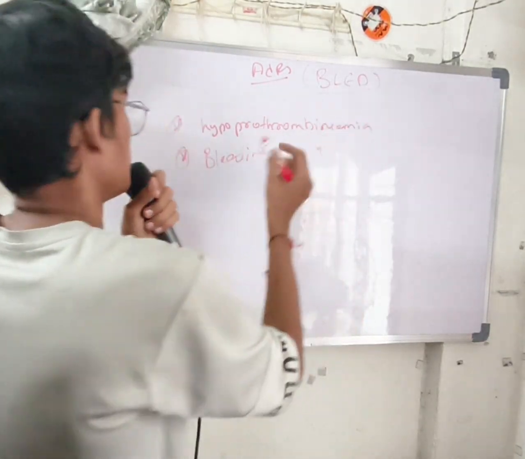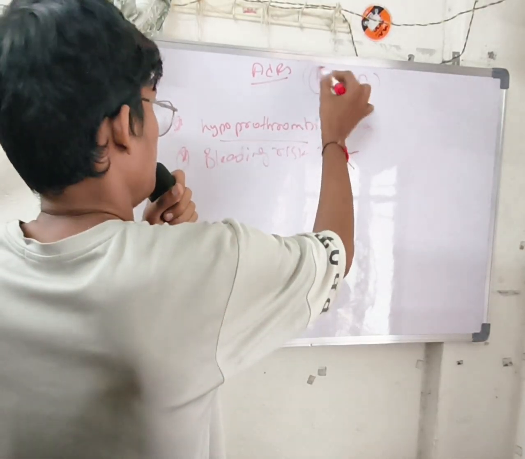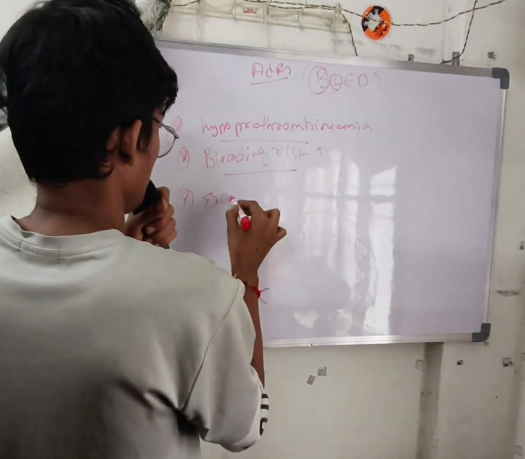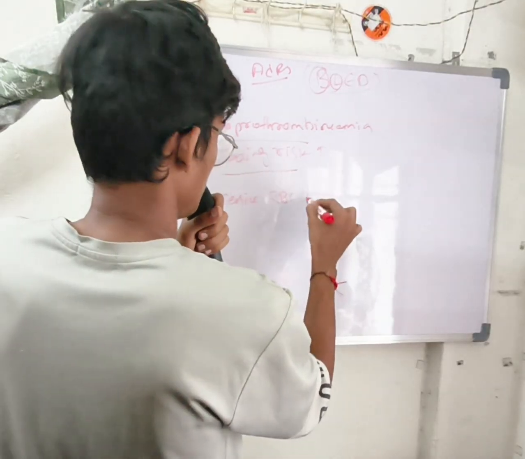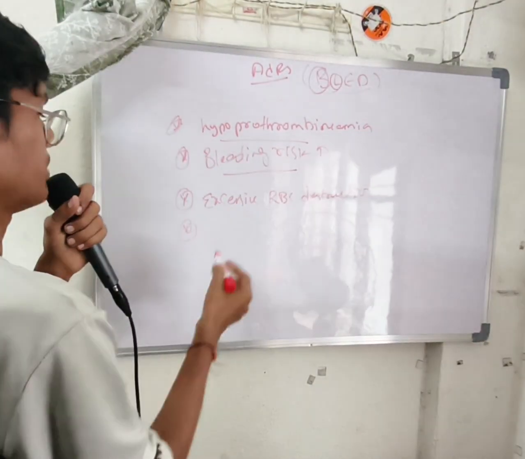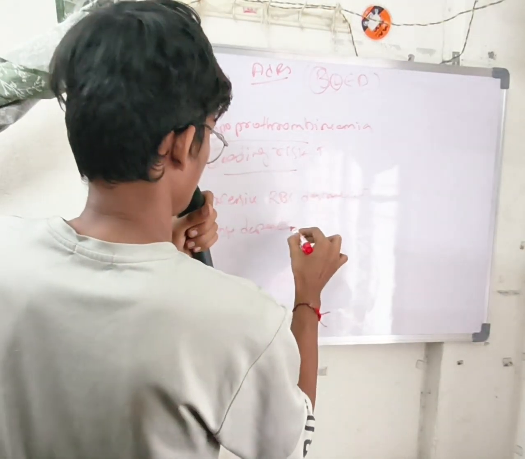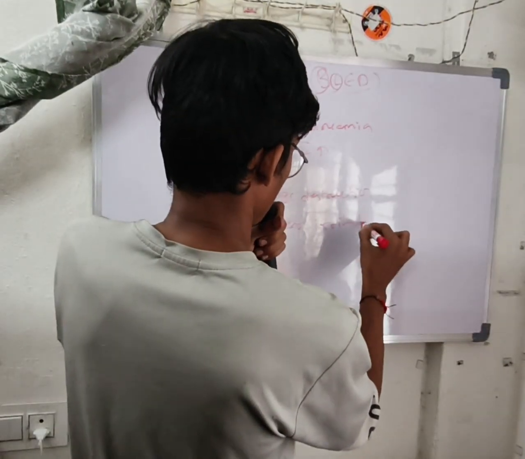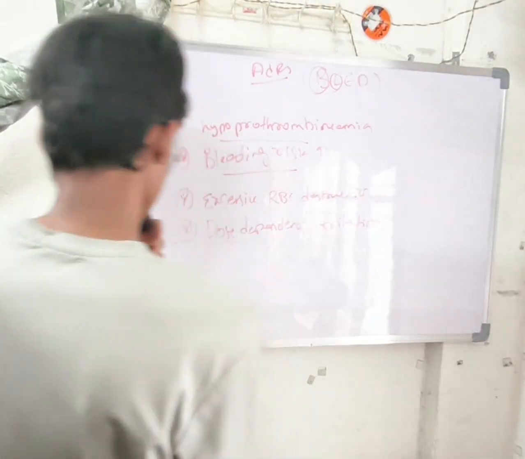From that you take BLED. L for low prothrombin, that is hypoprothrombinemia, B for bleeding risk increased, E for excessive RBC destruction, and E for dose dependent irritation at the site of injection.